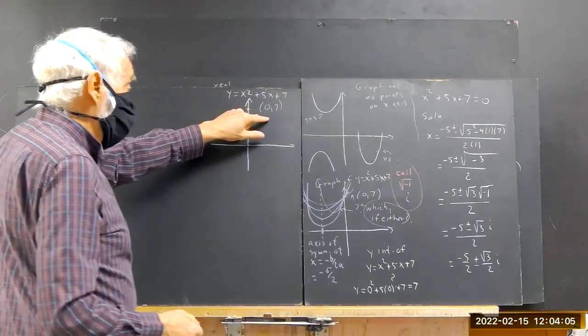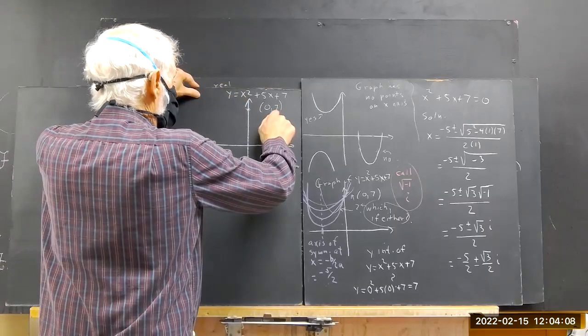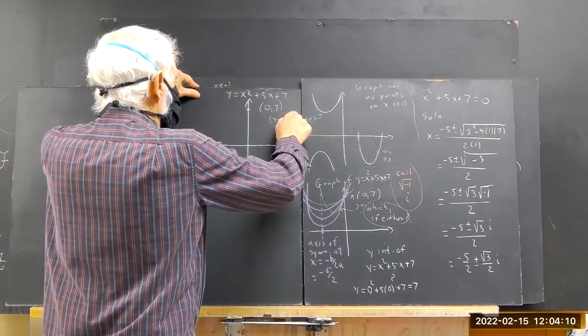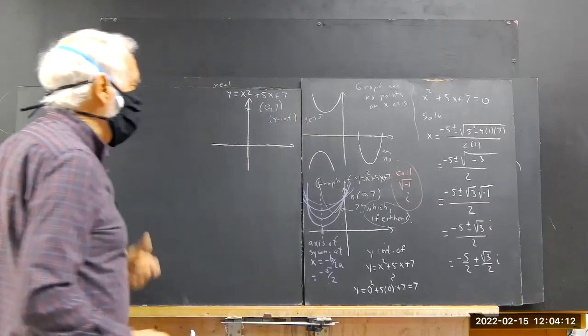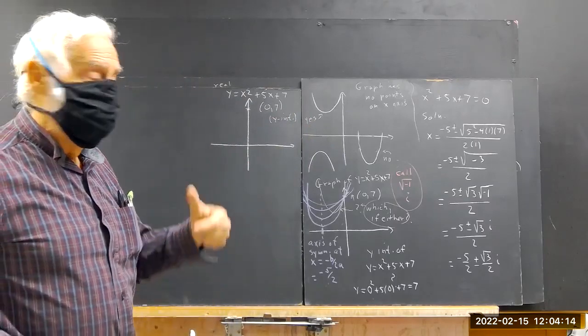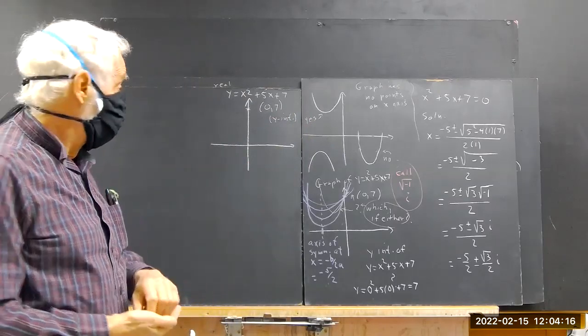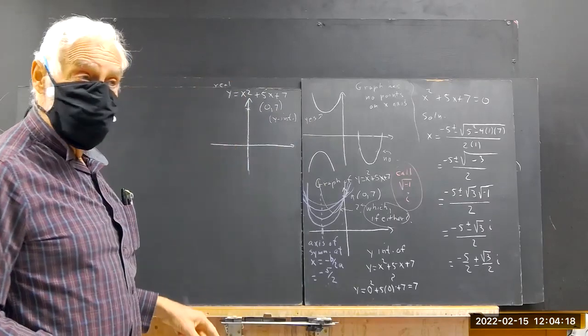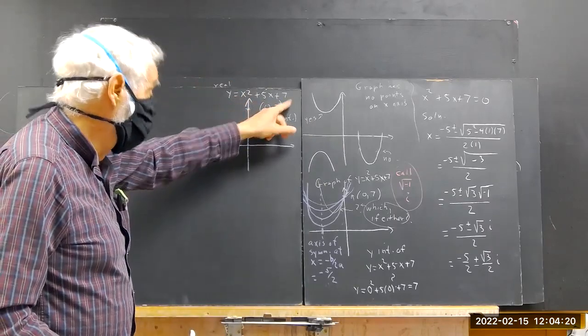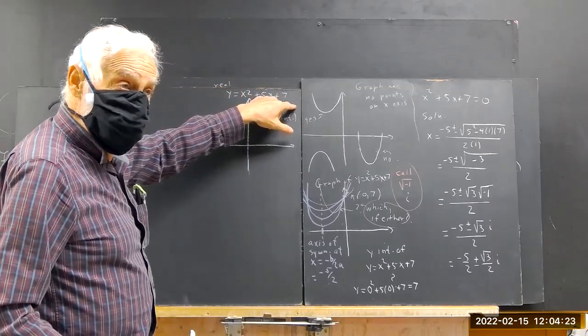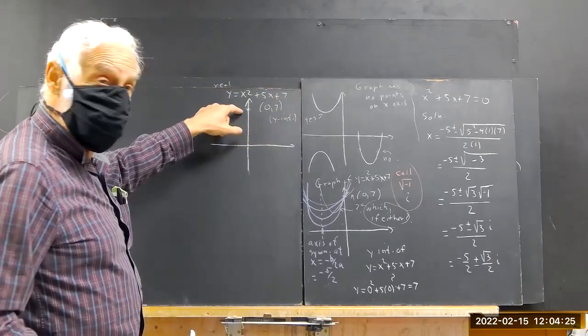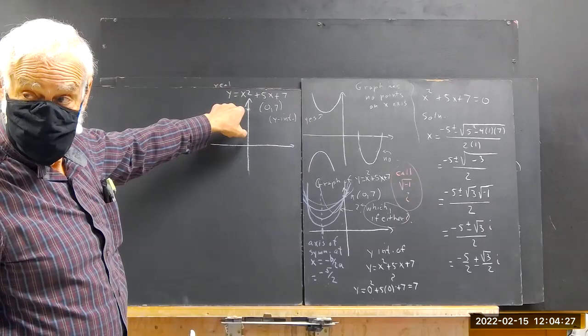We know that the y-intercept is 0, 7. We get that by plugging in x equals 0, because the point on the y-axis has x coordinate 0. So if we plug in 0 here, we get a point on the graph when x equals 0, and that's our y-intercept. So there's a point on our parabola.